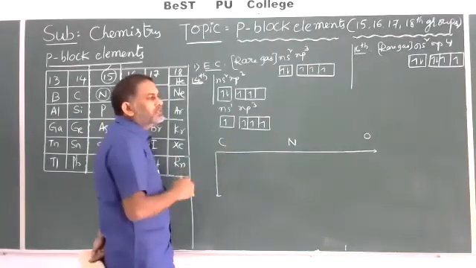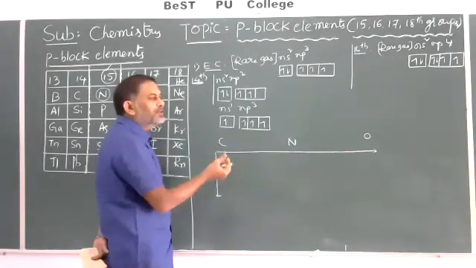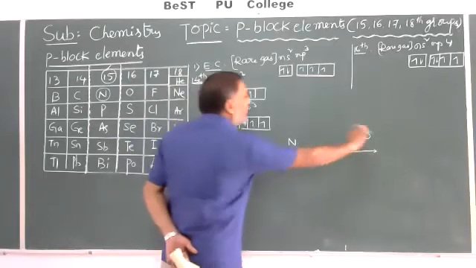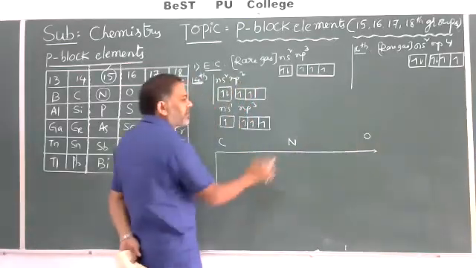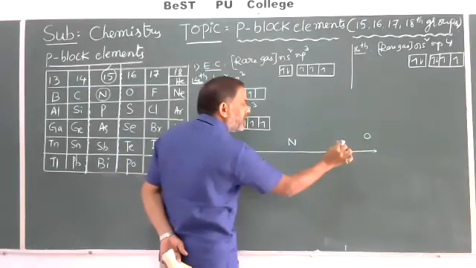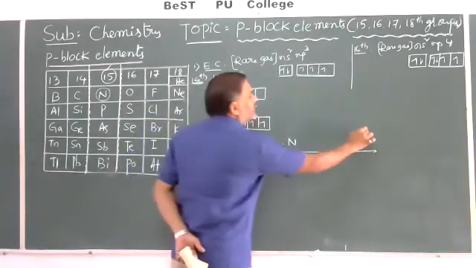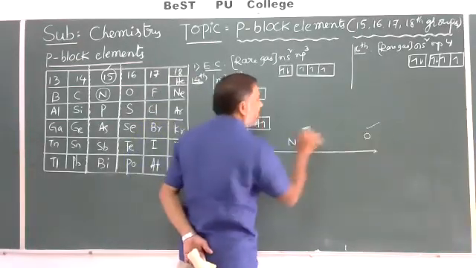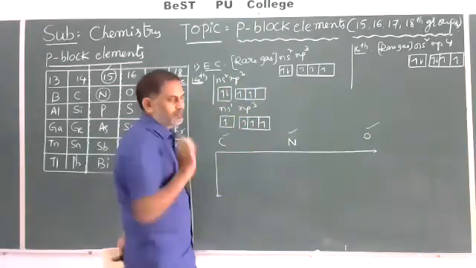So according to the general concept, from left to right size decreases and ionization energy increases. Oxygen's ionization energy should be more than nitrogen's, and nitrogen's more than carbon's.